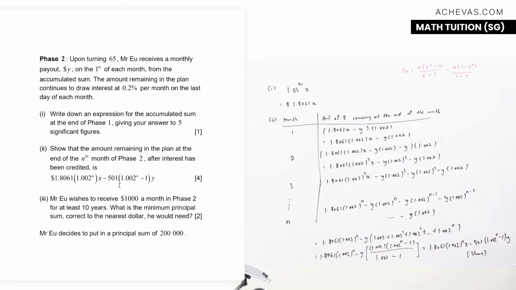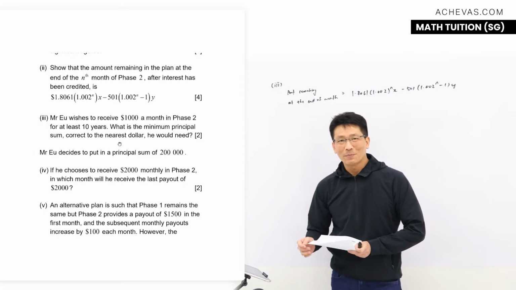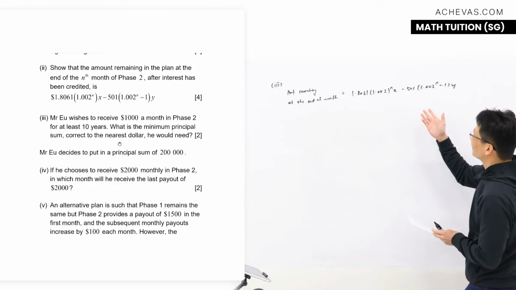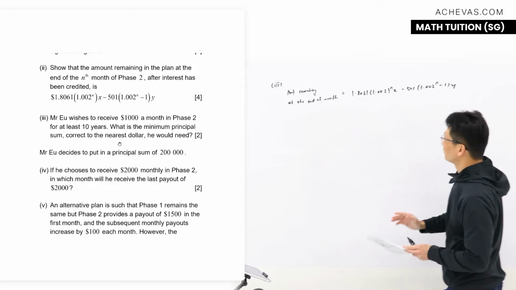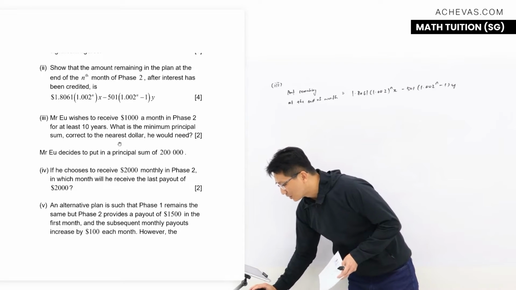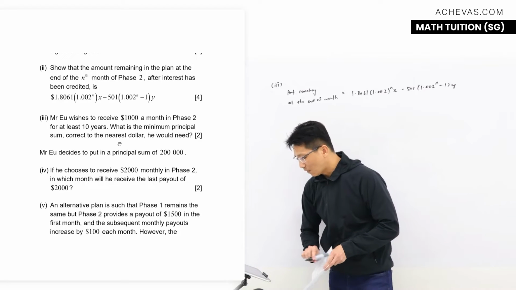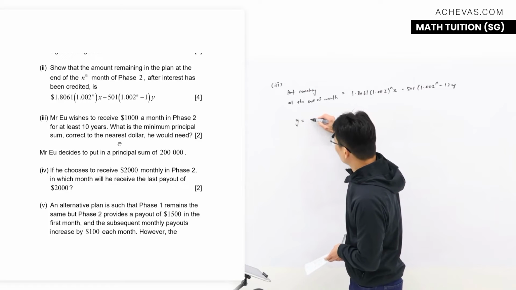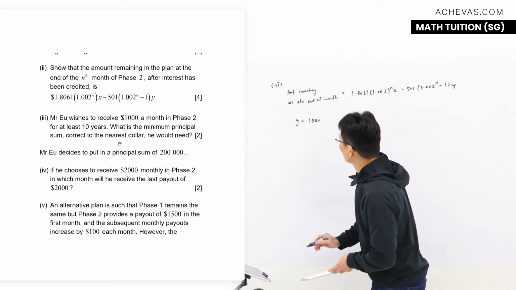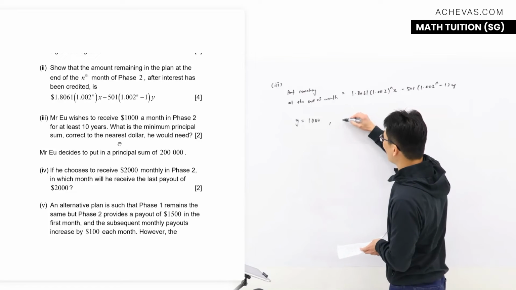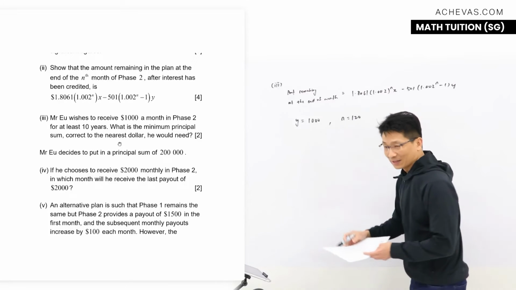Okay, let's continue with part 3 of our question. I have replicated the expression that I've shown in part 2 here for easy reference. Part 3 says that Mr. Yu wishes to receive $1,000 a month in phase 2 for at least 10 years. That means he wants to receive $1,000, which is our y, for 10 years, which basically means n should be 120 months.